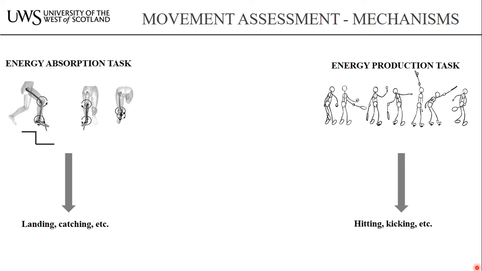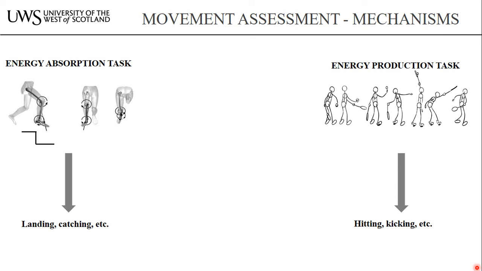This is very relevant, for example, during landing from a certain height, or following a jump to spike a ball in volleyball. On the other side, the same muscles could also contribute to tasks where the main aim is to produce energy, so to generate forces.